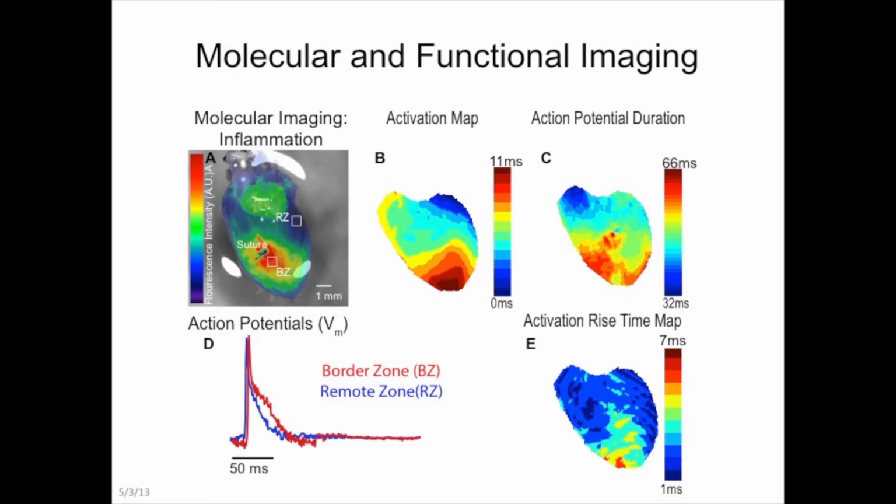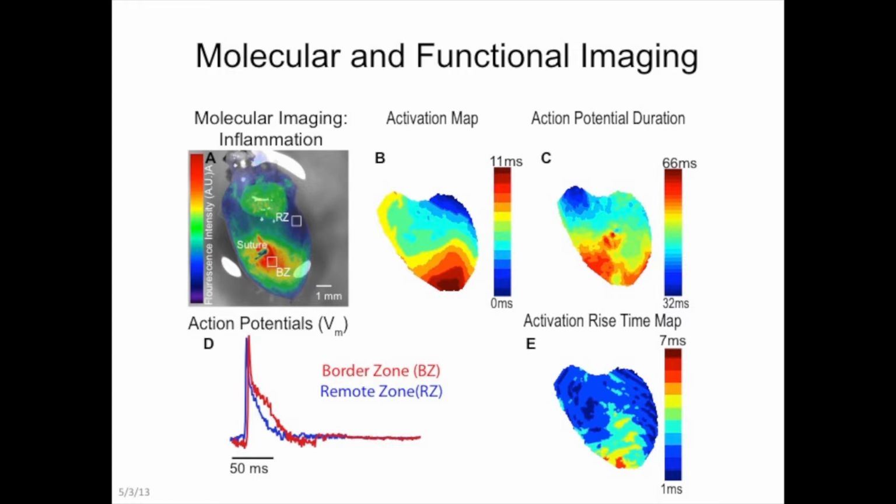So here's just some examples of what the data looks like. Here's our molecular imaging of inflammation, where the areas in red indicate high inflammation, or high fluorescence intensity. And here are our functional data of electrophysiology. We can generate activation maps, which look at how the action potential propagates across that epicardial surface.